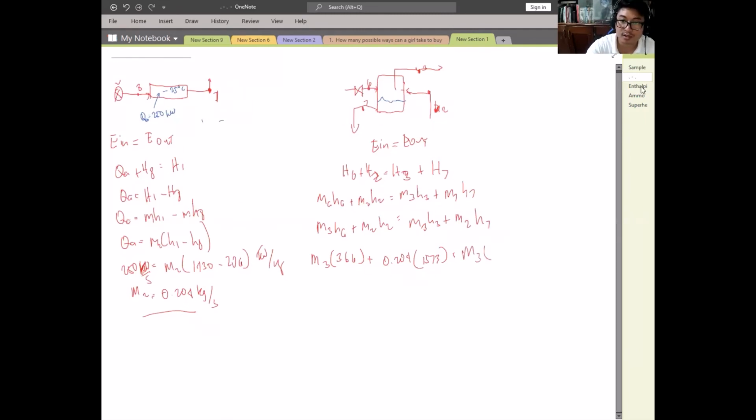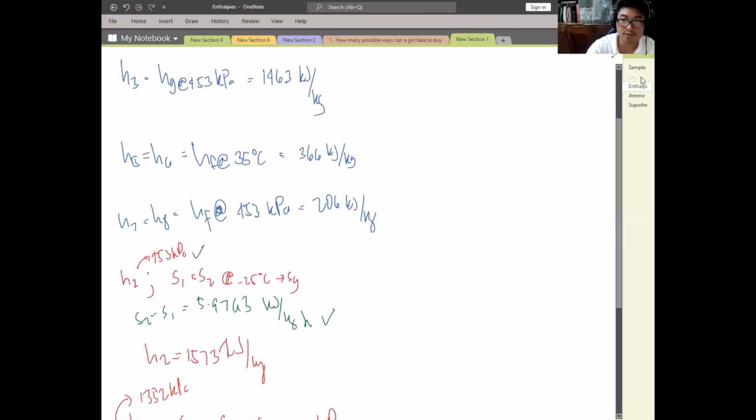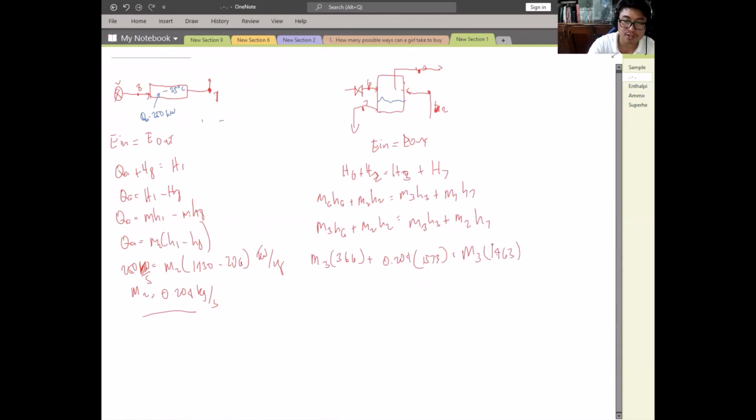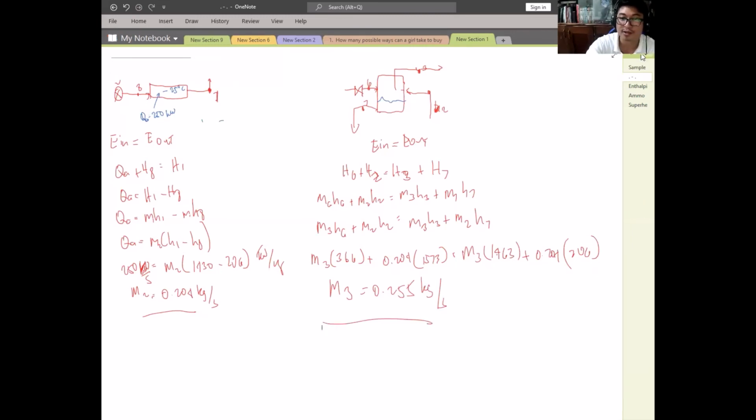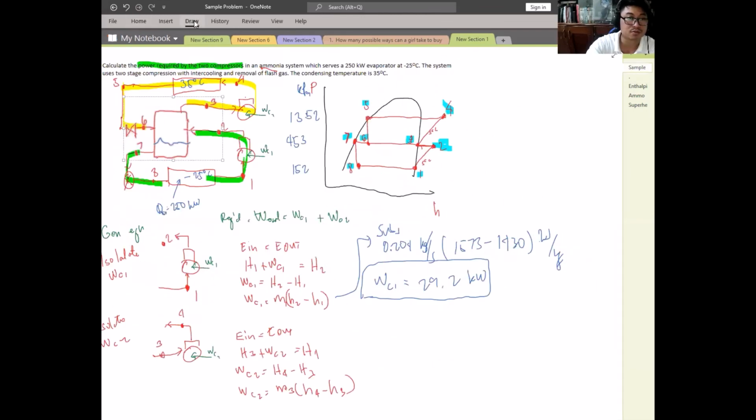H3 is 1463. M2 is 0.204. Then H7, recall that H7 is 206. I didn't put in the units, they're all the same anyway. By using your calculator's shift solve, M3 is equal to 0.255 kilogram per second.